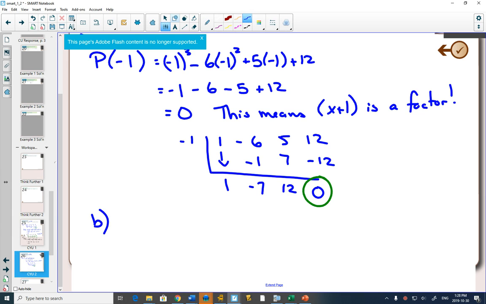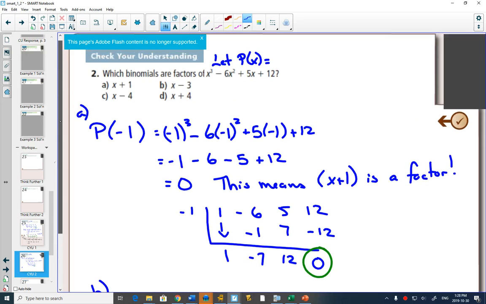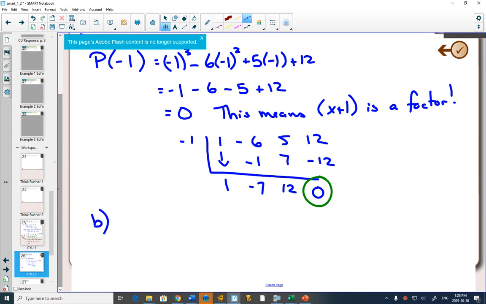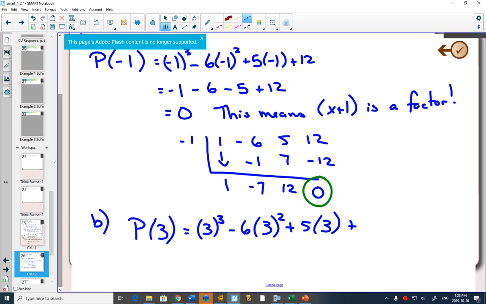Looking at part B, wanting to check x minus 3. So we would plug in 3 into our equation. 3 cubed minus 6 times 3 squared plus 5 times 3 plus 12. 27 minus 54 plus 15 plus 12.